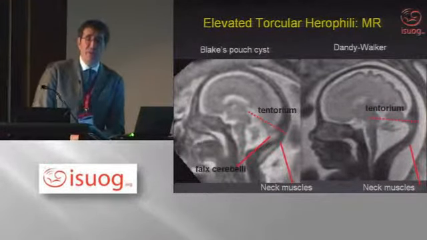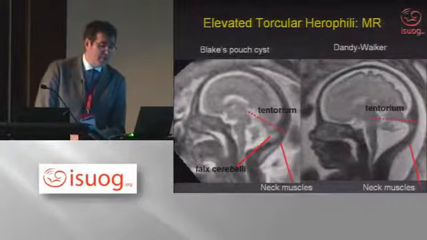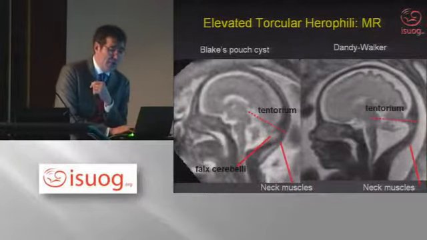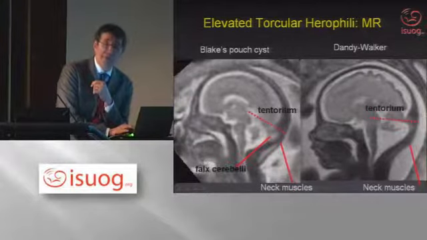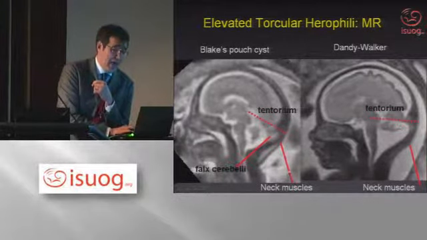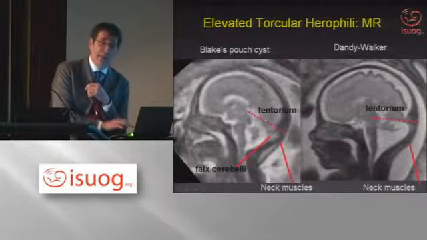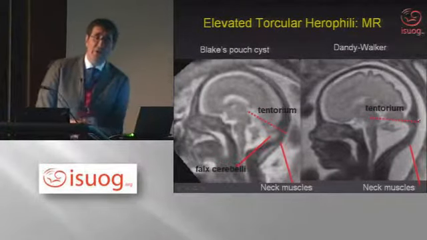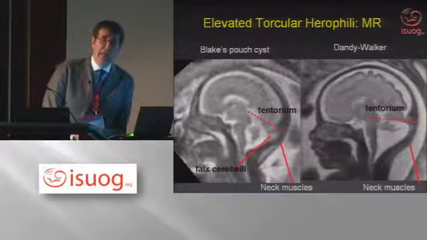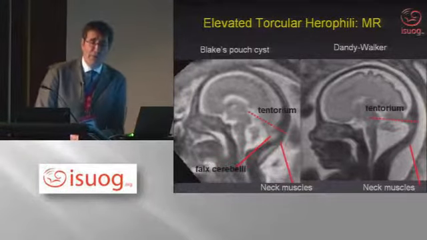Ultrasound does not perform that well, but magnetic resonance performs very well because it allows you at the same time to see that little triangle there, which is the torcular. Can you see it? It's very clear. It's very neat. And the neck implantation. This is Blake's pouch cyst, the tentorium down slanting, and this is Dandy-Walker malformation with the great superior rotation of the cerebellar vermis and the superior dislocation of the torcular herophili.